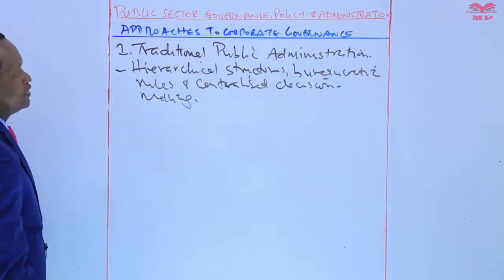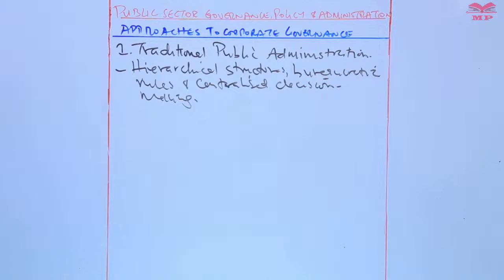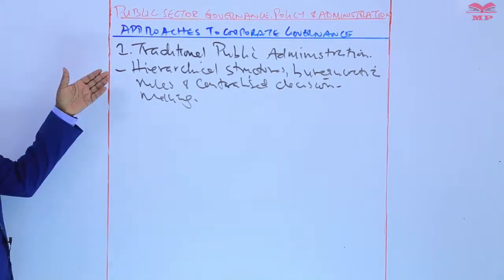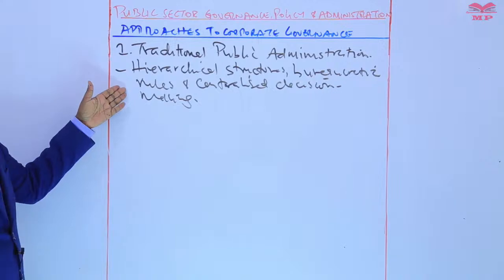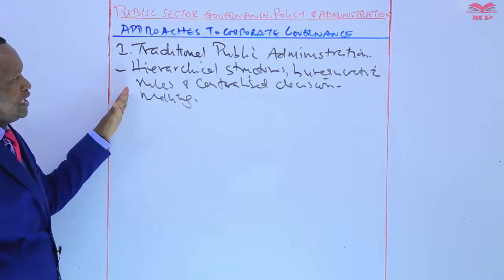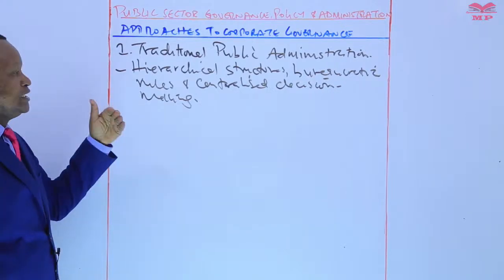These are the key features of traditional public administration. It emphasizes hierarchical structures, bureaucratic rules, and centralized decision making.